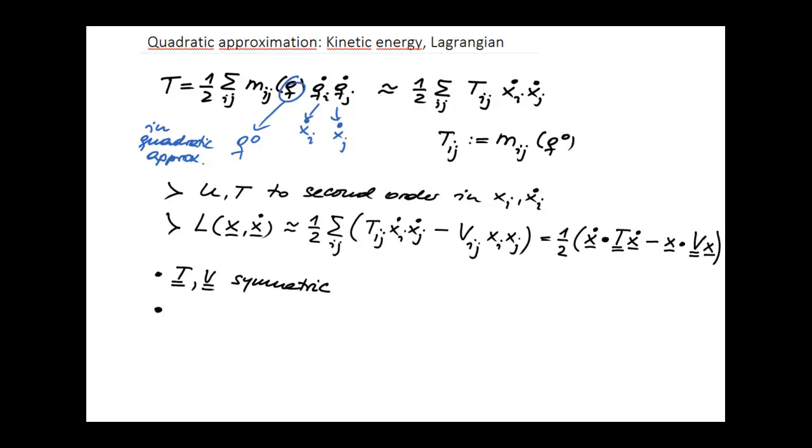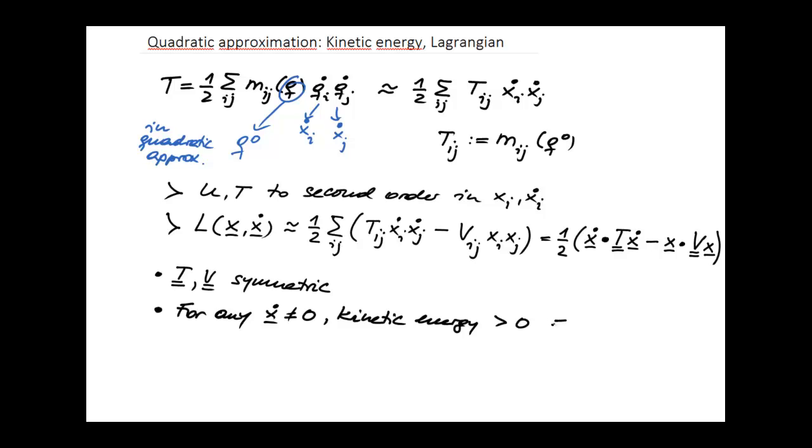We know the kinetic energy is always positive. So whatever x dot, when it's different from 0, the kinetic energy is positive. Whenever we have motion in the system, the kinetic energy is greater than 0.